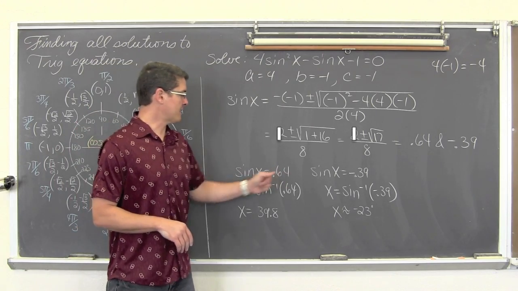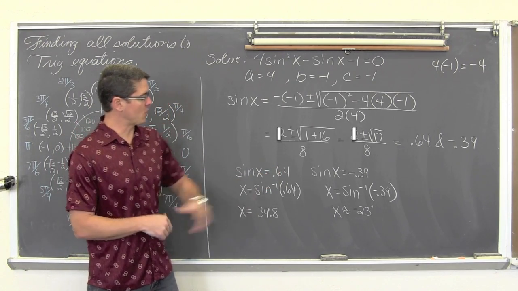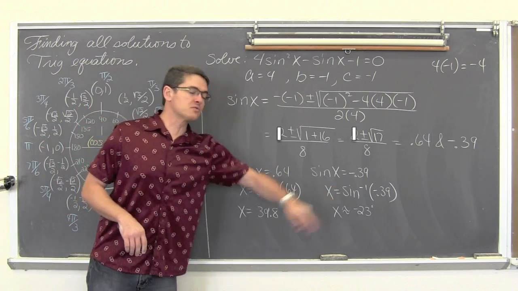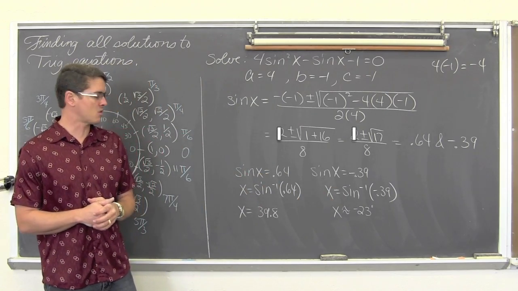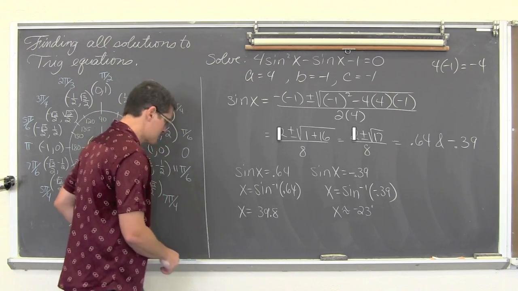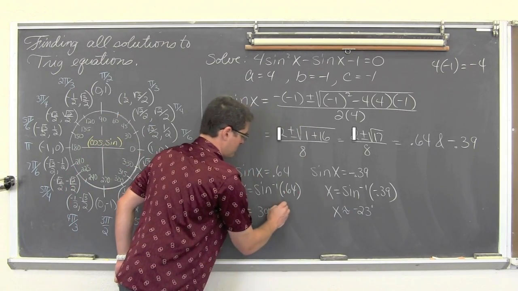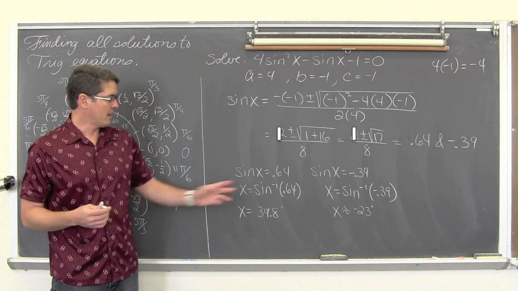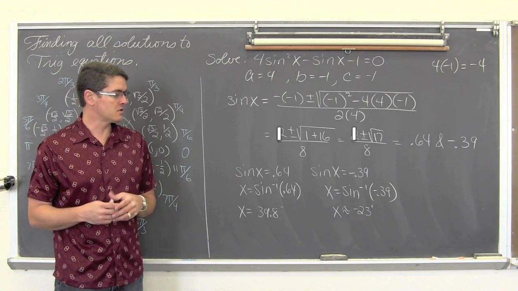So sine of x equals 0.64, sine of x equals -0.39. I apply the inverse sine function to both these equations, and I get 39.8 degrees. And I'm going to go ahead and do degrees because once you start getting decimal answers of angles, I think it makes it a little bit easier. And -23 degrees.